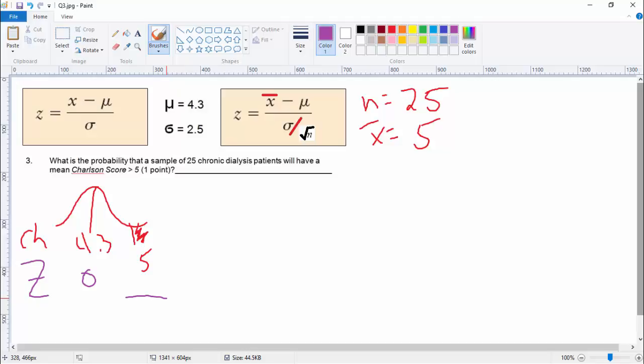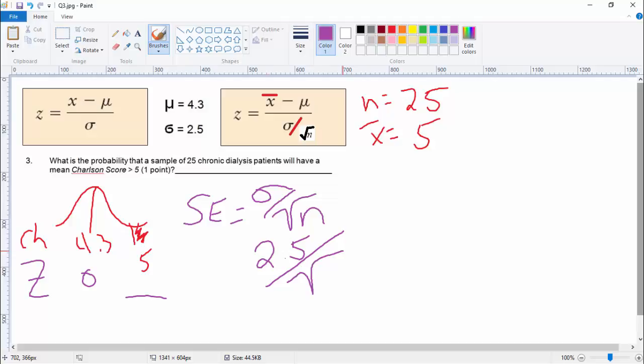So this time what I'm going to do is the standard error first, just for fun. So here's the standard error, right? Remember that? That's this guy. Divided by square root of n, which in our case is 2.5 divided by the square root of 25.